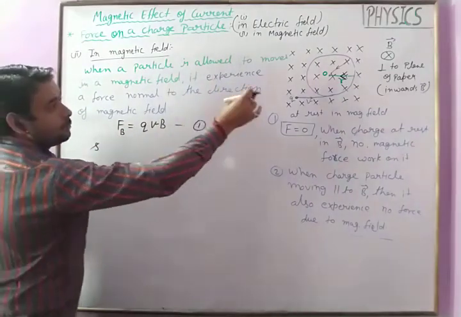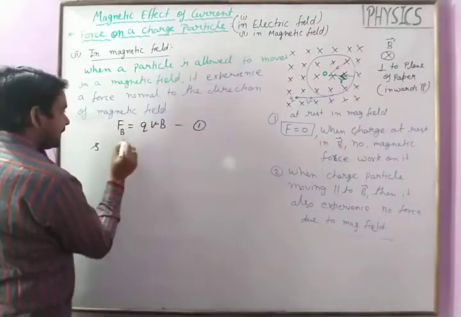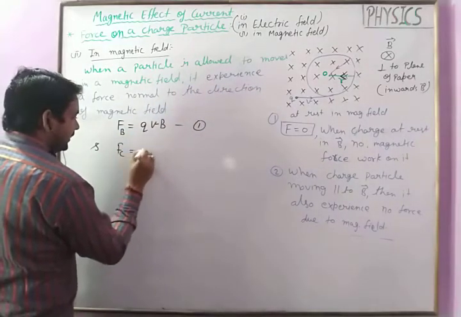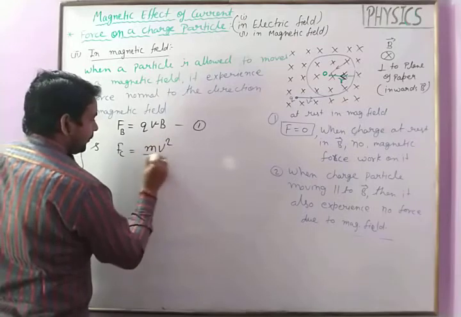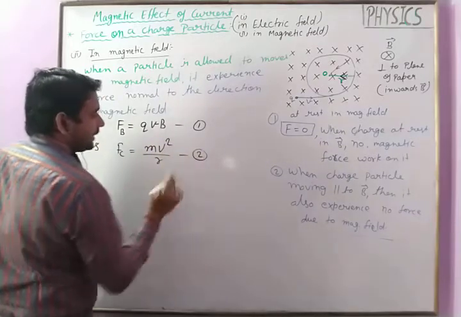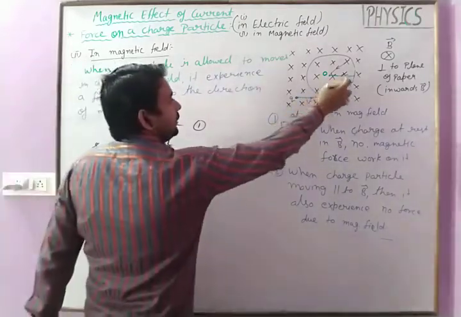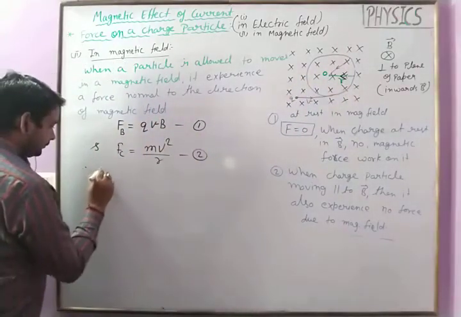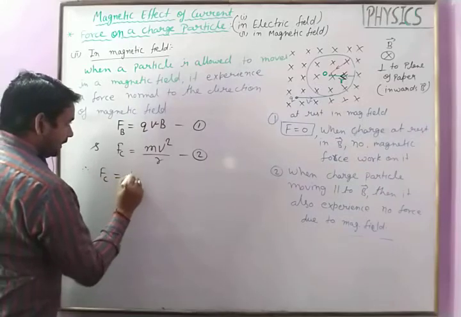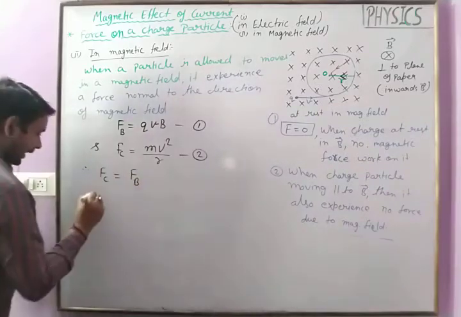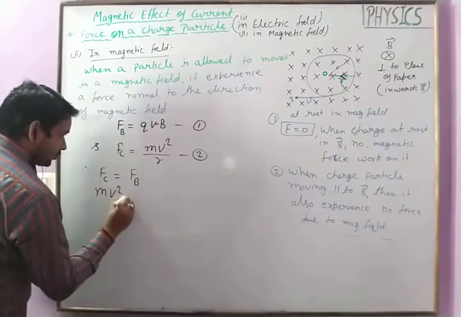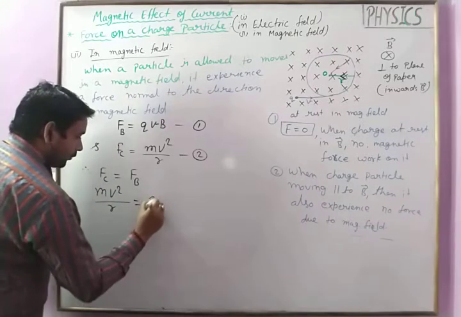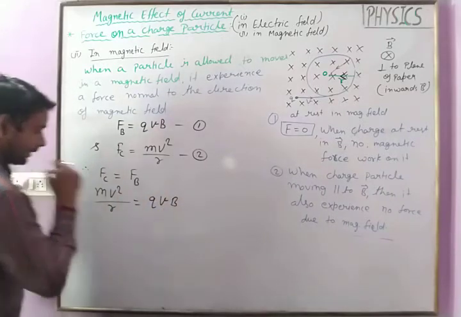Because the particle is moving in the circular path, the centripetal force FC, mv square upon r, is equation second, which is equal to the magnetic force. Therefore FC equal to FB, and we get mv square upon r is equal to QVB. Clear?